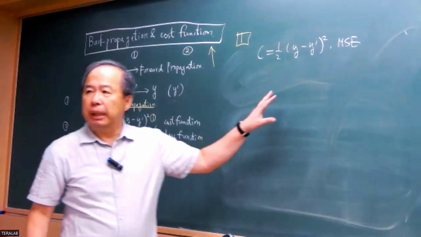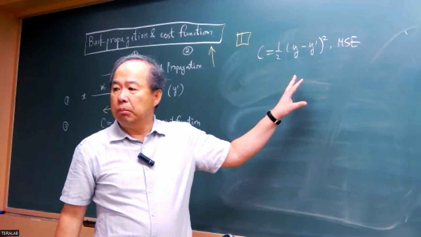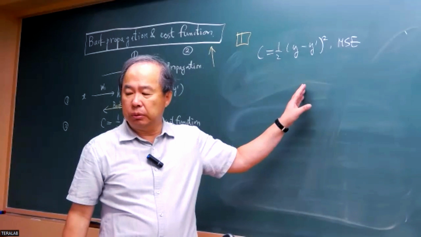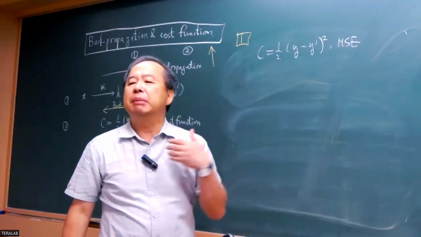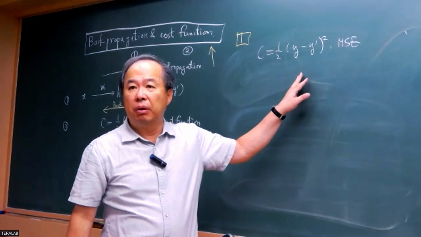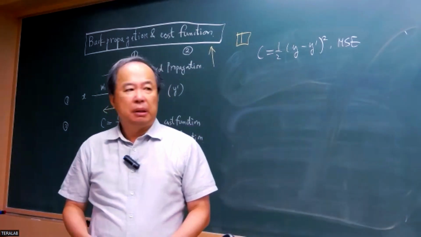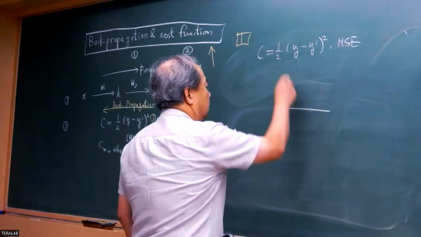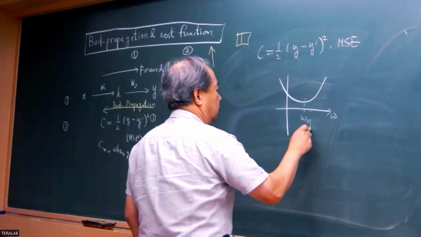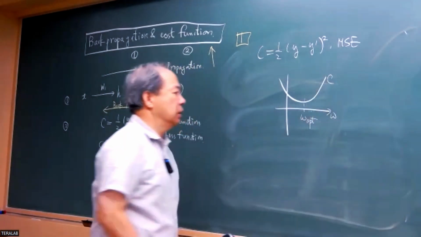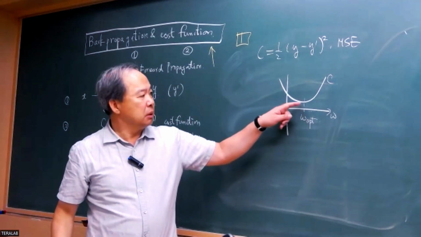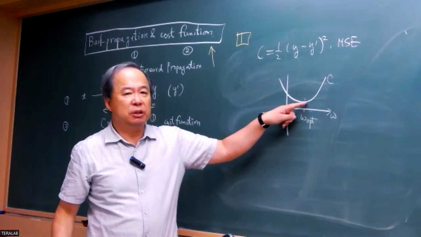As I know, this is the easiest way to understand and express, but I remember that the learning speed of this one is very slow. For example, let's assume that you have this cost function. Near the W optimal, the slope of this function is very small.